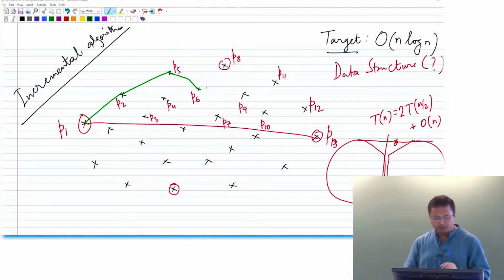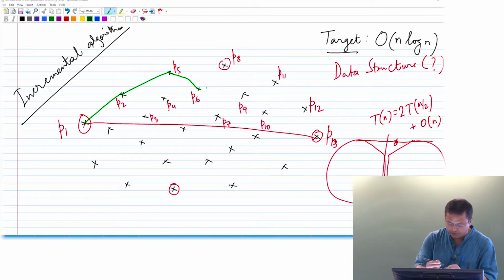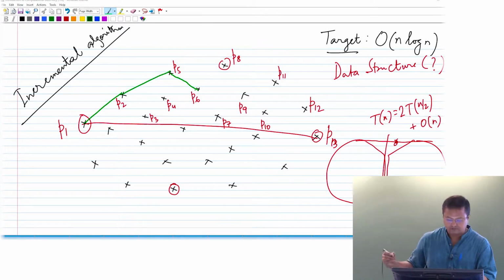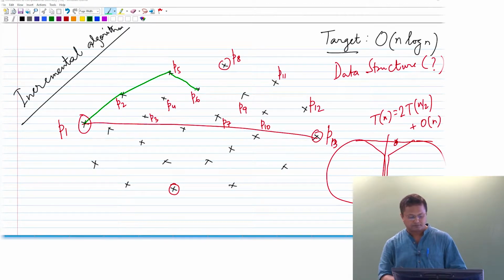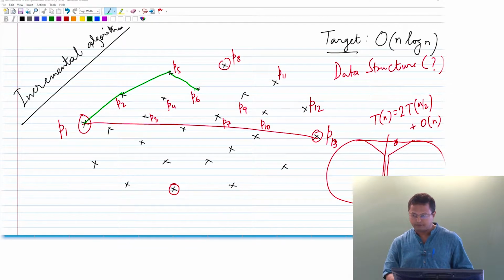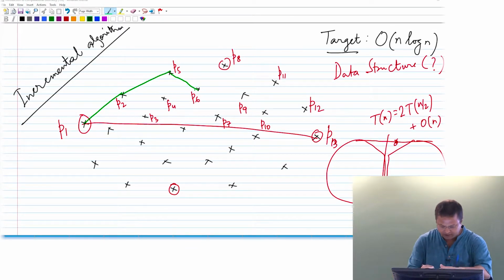Say it has computed the convex hull correct up to this point. For some reason, let me put this P7 a little.